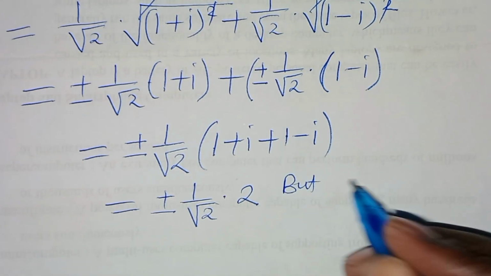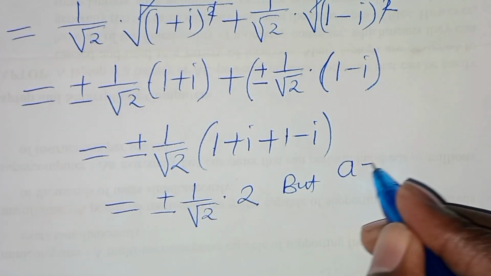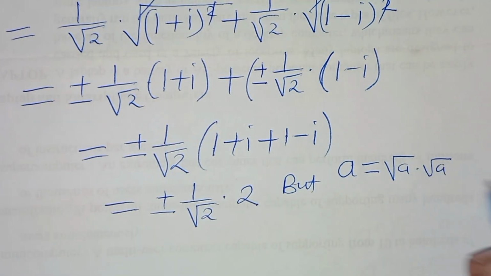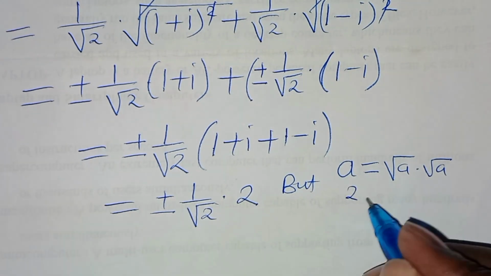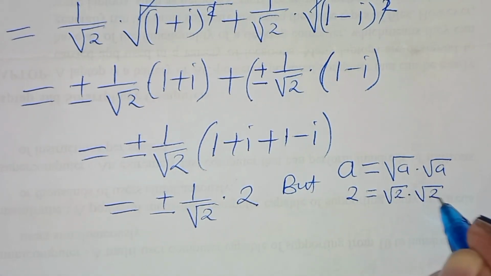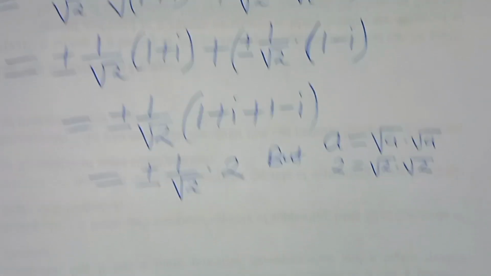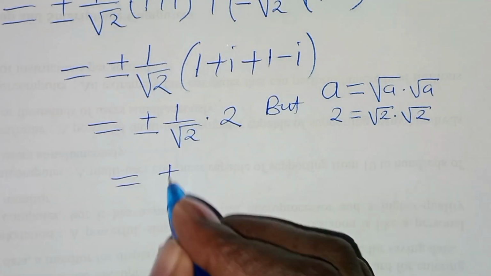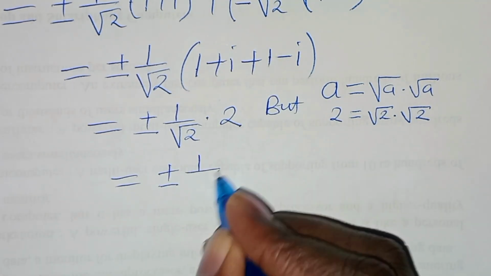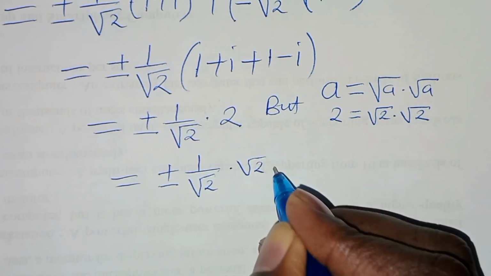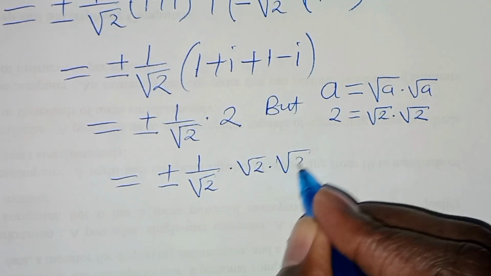But if you have a, this is equal to square root of a times square root of a. So we can express 2 as square root of 2 multiplied by square root of 2. Substituting this, we'll have here plus or minus 1 over square root of 2 multiplied by square root of 2 multiplied by square root of 2.